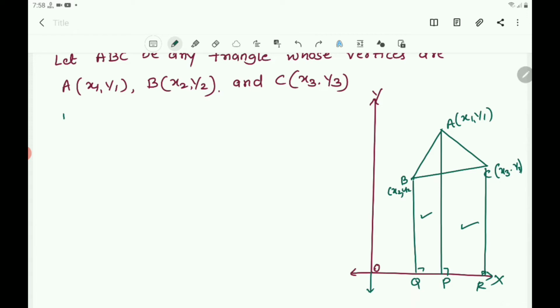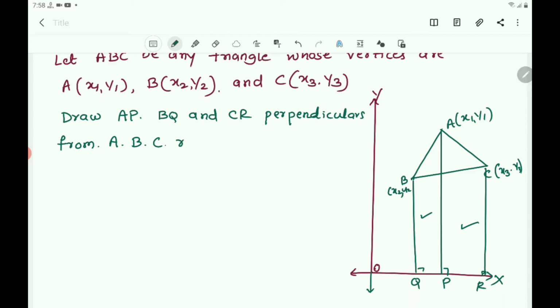So you write, draw AP, BQ and CR perpendicular to the x-axis from the points A, B, C respectively.